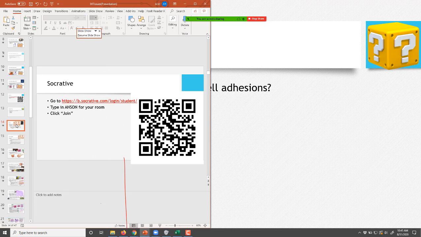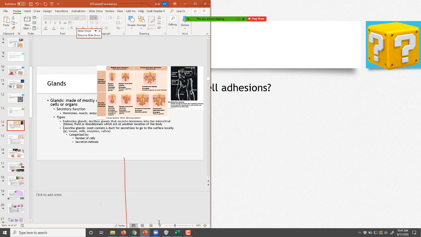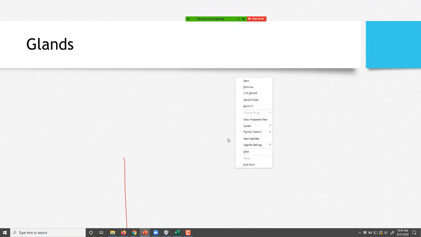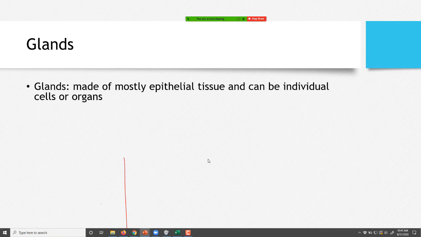Good. All right, so we're still talking about epithelial tissue, but now we're going to be talking about glands regarding epithelial tissue. Glands are, once again, from the epithelial tissue, but sometimes they could be just one single cell. They have a secretory function.